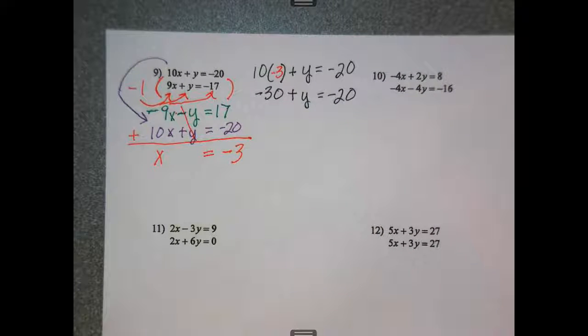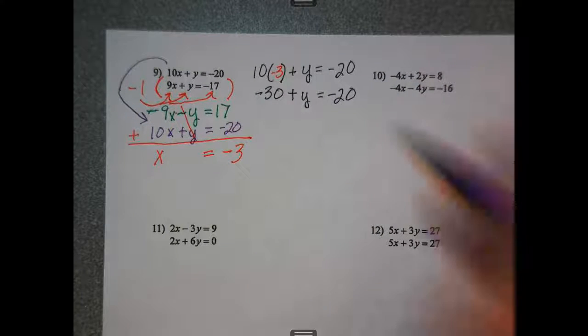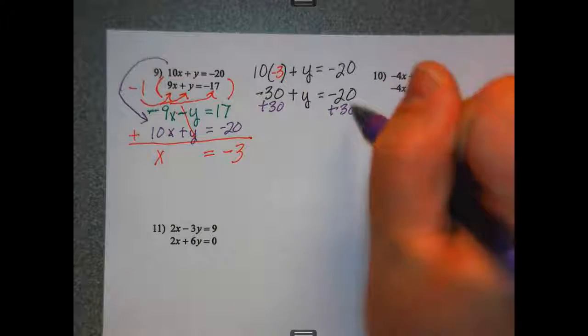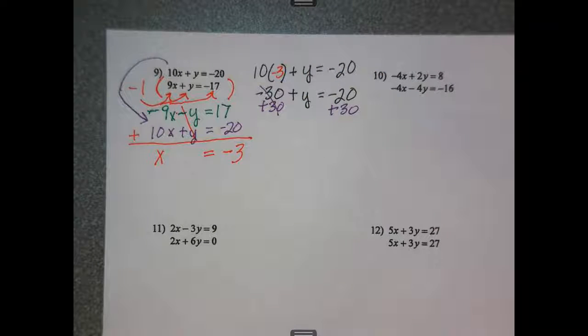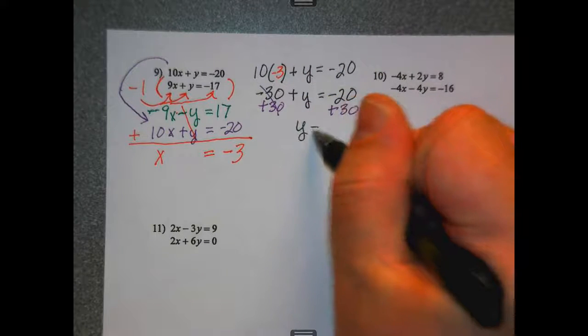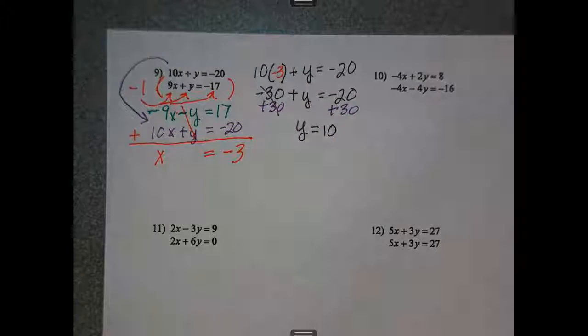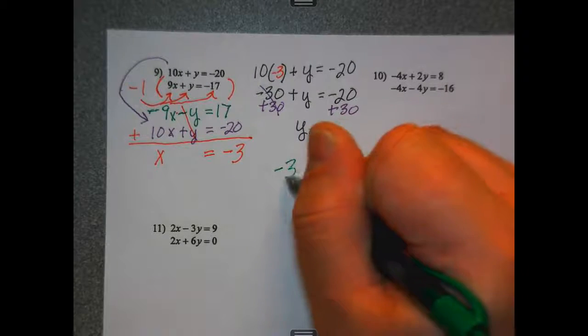Solve for y. I'm going to add 30 to both sides. And I get y equals 10. So they intersect at the point (-3, 10).